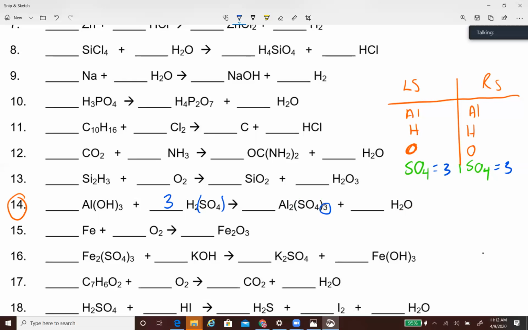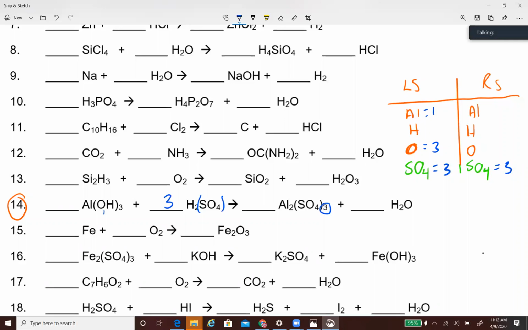Now let's do the count of all the rest. All right. So on the left I have 1 aluminum. According to this I have 1 times 3. I have 3 oxygen.